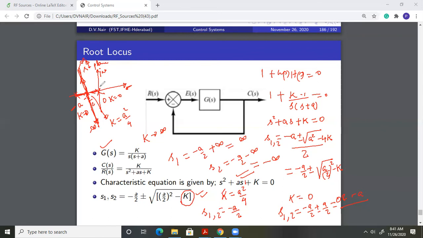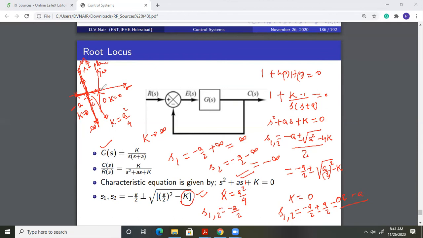Each branch starts at what? Yes, the open loop poles. This is an open loop system; the root locus is for the closed loop system, but that would be related eventually to the closed loop system, as we will see later on.